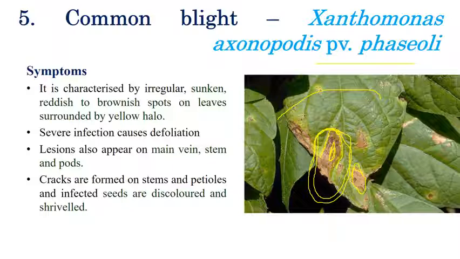This is a bacterial pathogen. In later stages, cracks on petioles and stems, as well as discoloration or shriveling, can be seen. But the main characteristic symptom is irregular sunken reddish brown spots on leaves with a yellow halo.